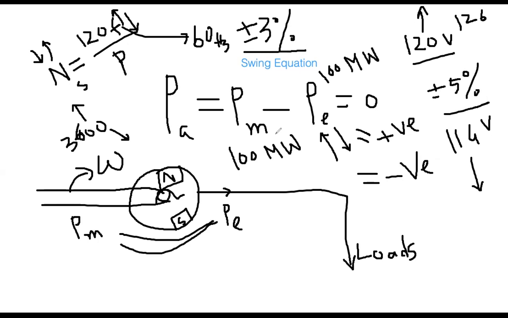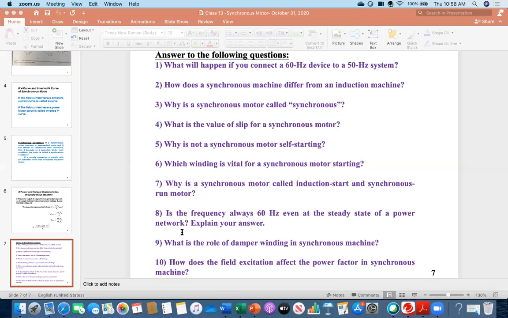So, everybody, could you follow what I am explaining? Is everybody fine? Yeah, I think it's okay so far. So now go back to that question. Is the frequency always 60 Hertz?